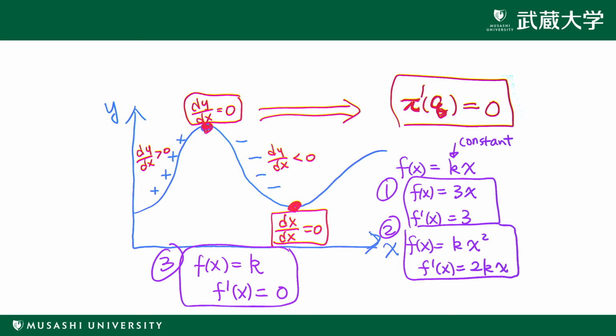For example, f(x) could be equal to 3x. Then f prime x is going to be equal to 3, okay?